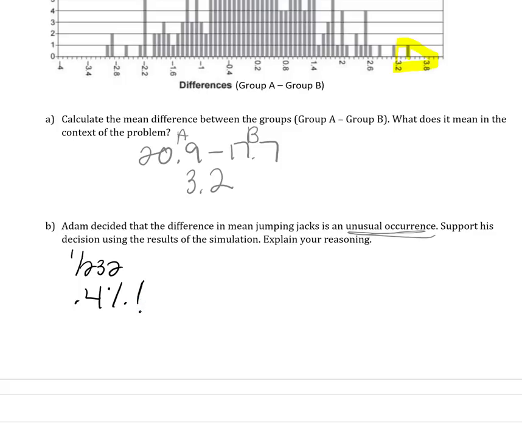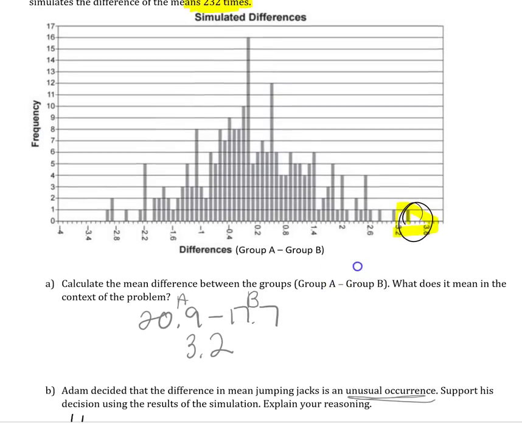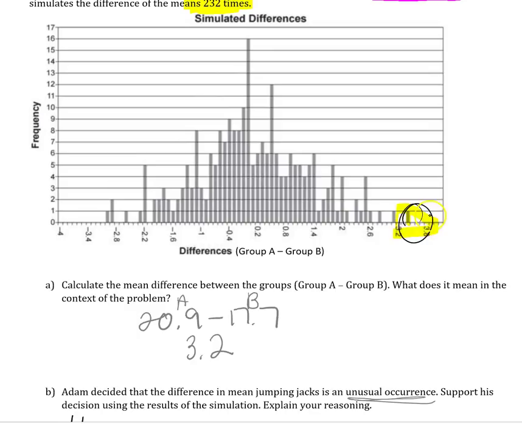Okay? Do you agree with Adam, essentially? Yeah, I agree with Adam. This is an extremely unusual event. If you look at even just visually speaking, it's way at the tail end over here. It's not like in the middle, okay? So what that tells me is this experimental difference that I have observed of 3.2 is something that isn't likely to come about just by random chance alone.